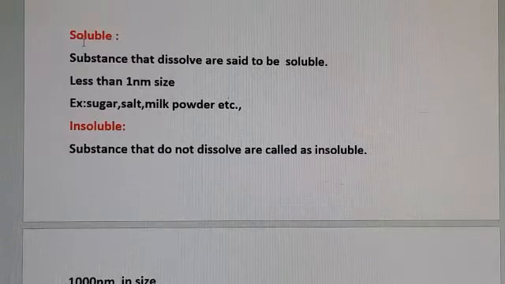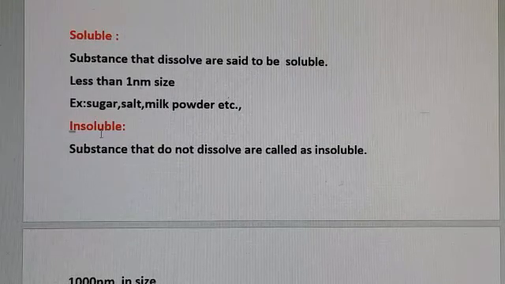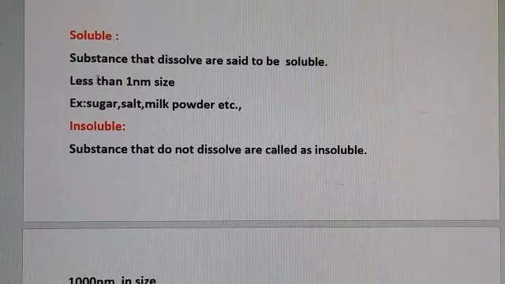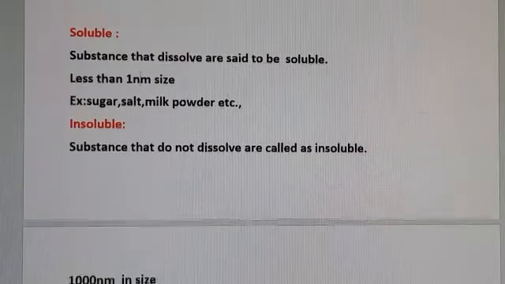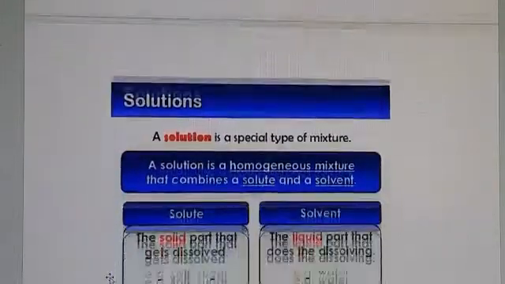So soluble is a substance that can dissolve, and insoluble cannot dissolve. Soluble is less than 1 nanometer in size, and insoluble is 1000 nanometer in size. Clear, students? Fine. Now we move on to the solution with more details.